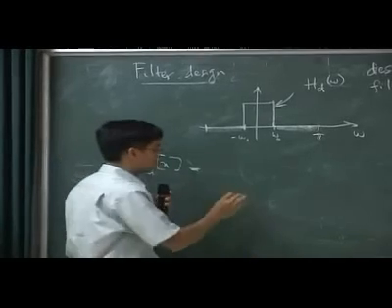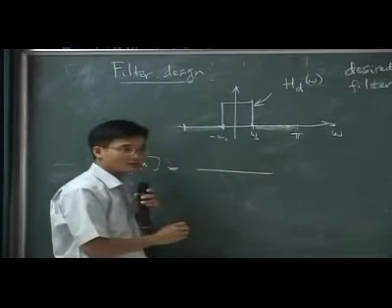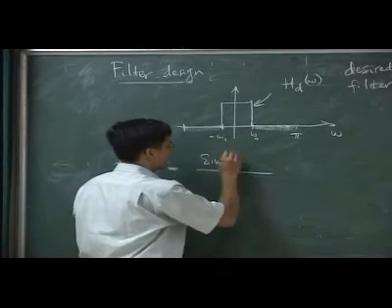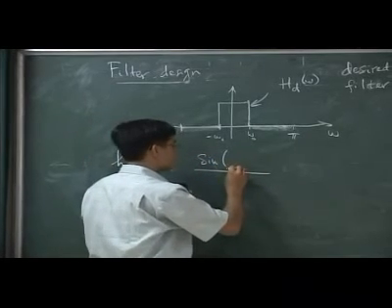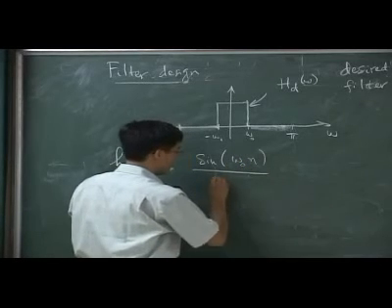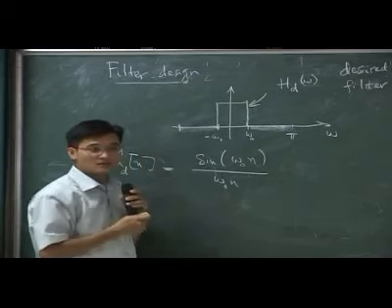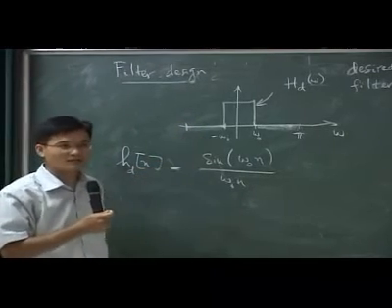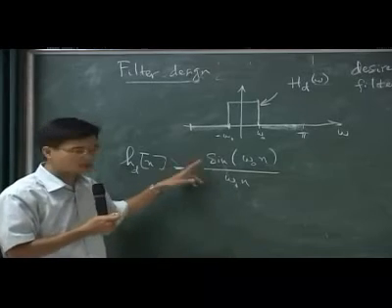A sinc function, right? Anyone remember what that sinc would look like? Sine of omega naught n over omega naught n, maybe. I'm not sure, but let's assume that. There may be some extra term here.